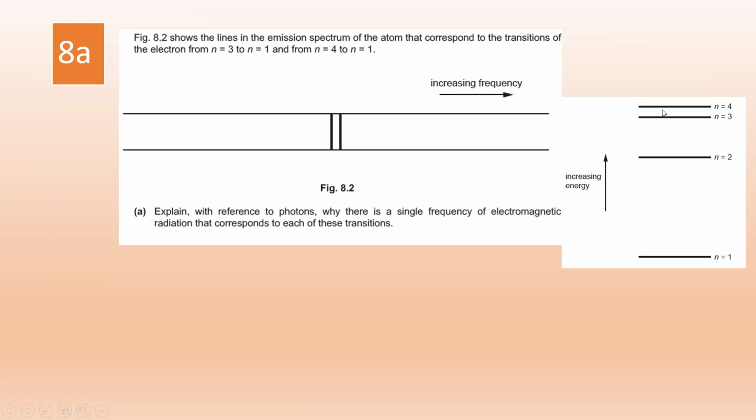And remember, they are very close together. That's why you see these two very close together. Explain with reference to photons why a single frequency of electromagnetic radiation corresponds to each of these transitions.